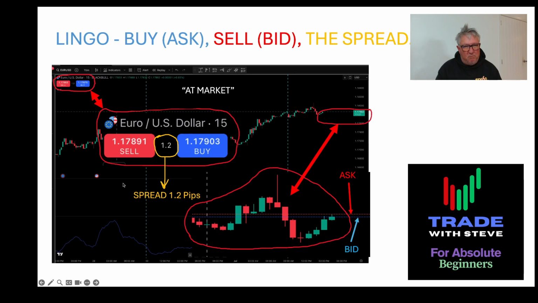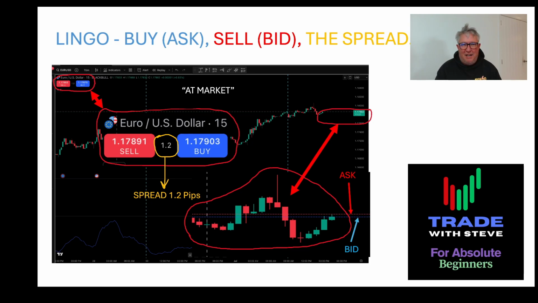When we buy or sell currency, our broker will preload our trade with the spread amount. That's effectively the amount of money that they make on every trade. So if I'm buying, the price would have to go up 1.2 pips before I actually got into the money. Okay, but we'll explain this a bit more down the track.